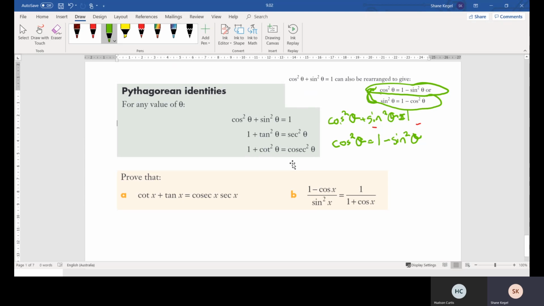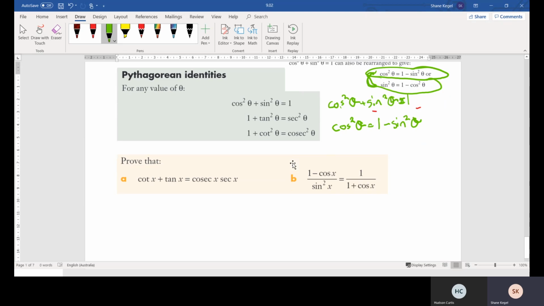Cool. So looking at the last questions here, I've got 2. I need to prove that cot x plus tan x is the same as cosec x times sec x. So a few things to remember here.